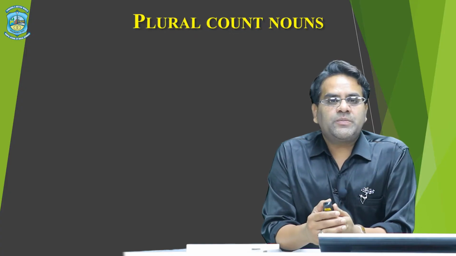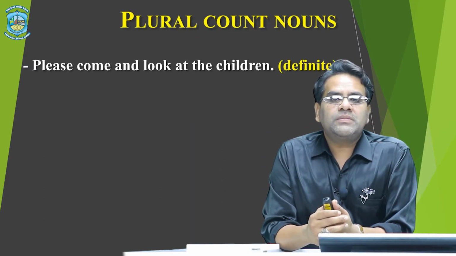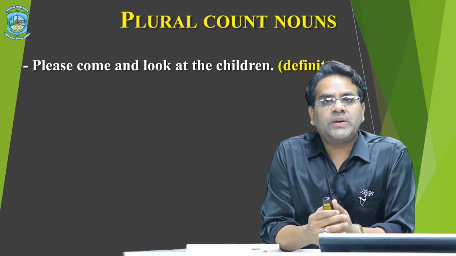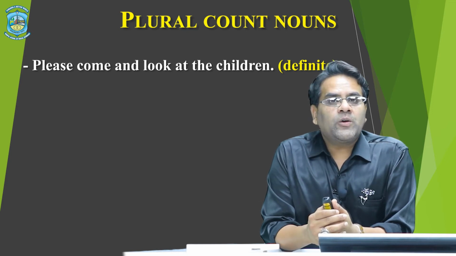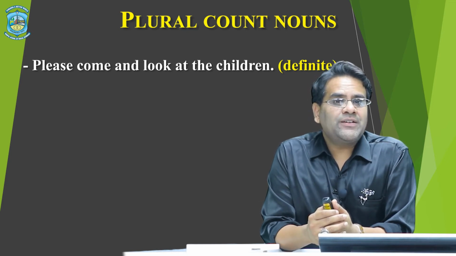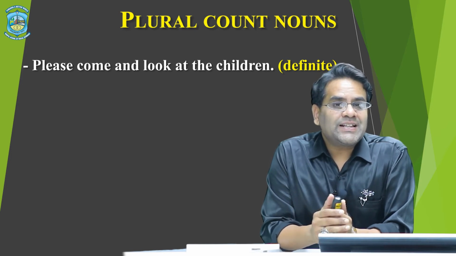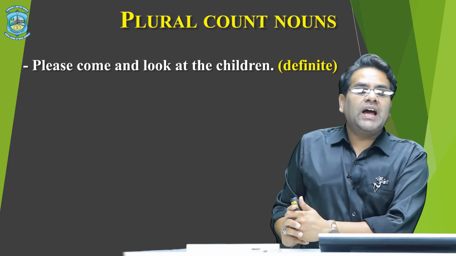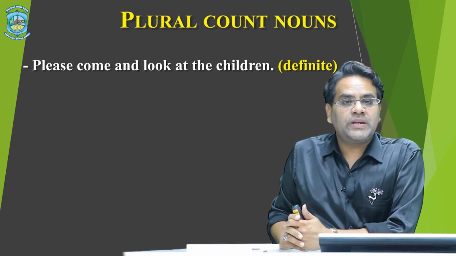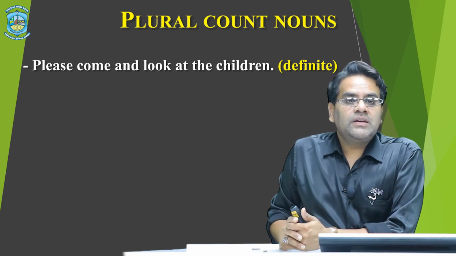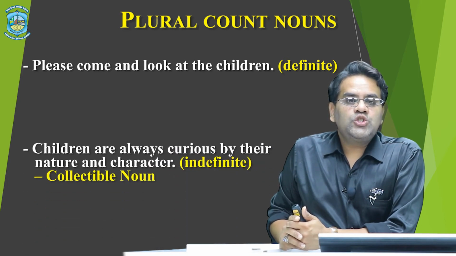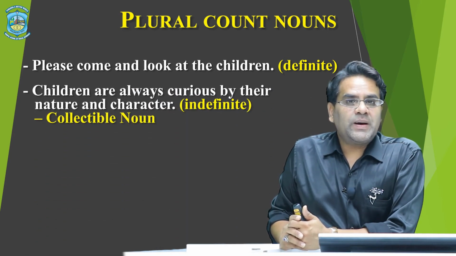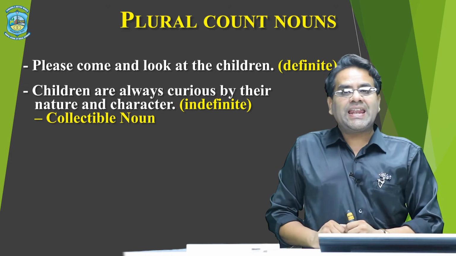The first statement before us is, "Please come and look at the children." We are talking about the collective form, and we have to take this statement under a definite form. That is why I have taken the article "the" with children. Next statement, "Children are always curious by their nature and character."